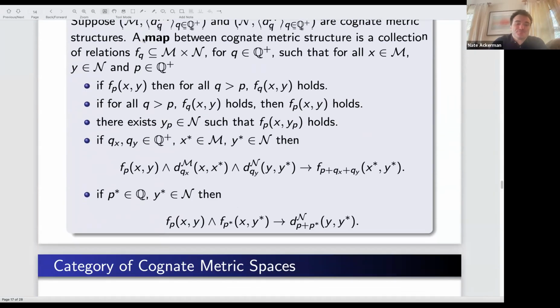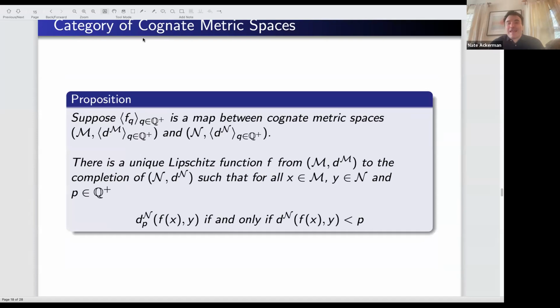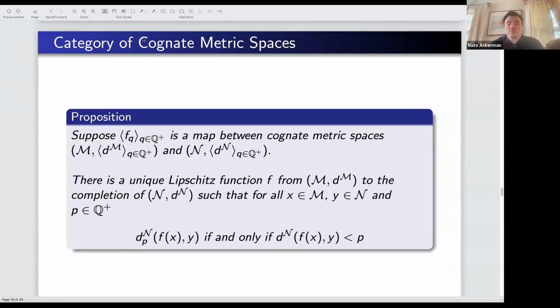Okay. So now, one of the most important theorems that makes this whole thing work is about the category of cognate metric spaces and cognate structure. So that's the next slide.